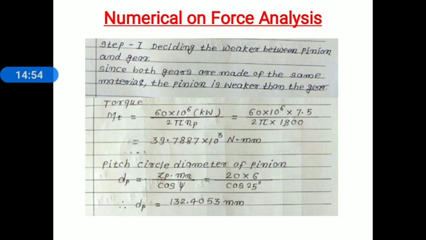Z suffix P means number of teeth on pinion, m suffix n is the normal module. Now substitute the values: 20 number of teeth into 6 normal module divided by cos 25, where 25 is the helix angle. Simplify, and we get the pitch circle diameter of pinion as 132.4053 millimeter. This is the first step.